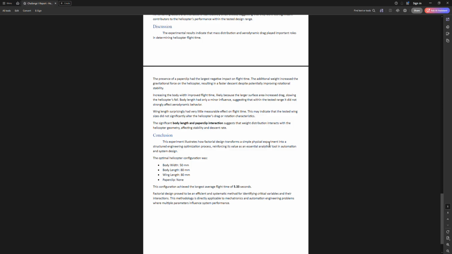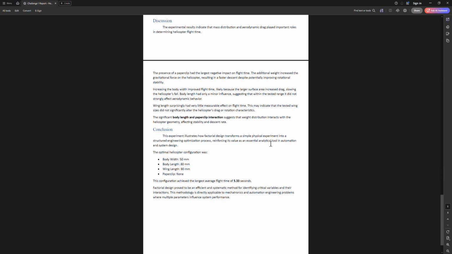The experiment demonstrated how factorial design can efficiently evaluate multiple variables and reveal important interactions between them. So I think it's a pretty powerful tool. And I think the method is widely used in engineering, so it provides a structured and data-driven approach to optimizing your design.